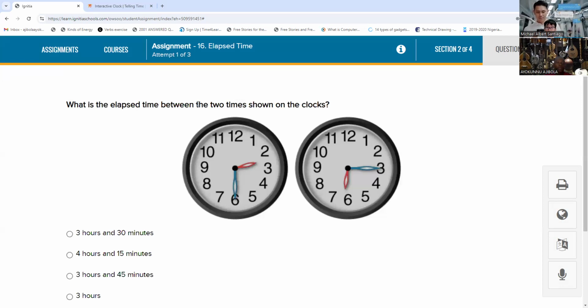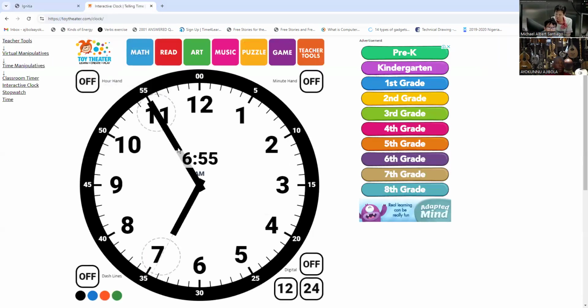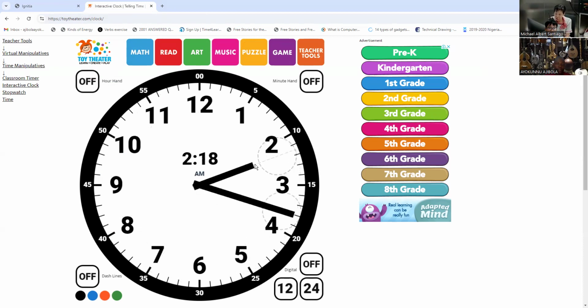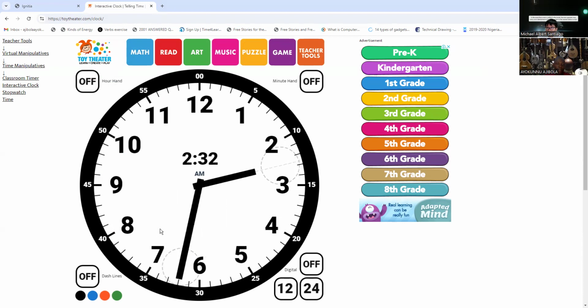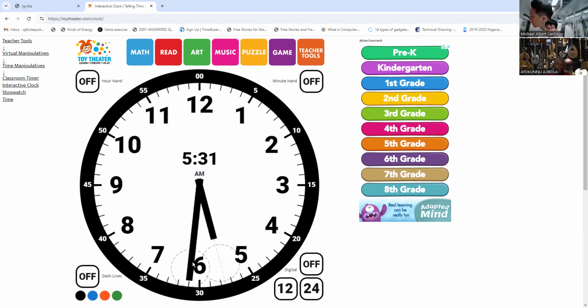So what is the time elapsed between these two clocks? It started at 2:30. It ended at 6:15. Okay. So this is 2:30 to 6:15. 1, 2, 3.